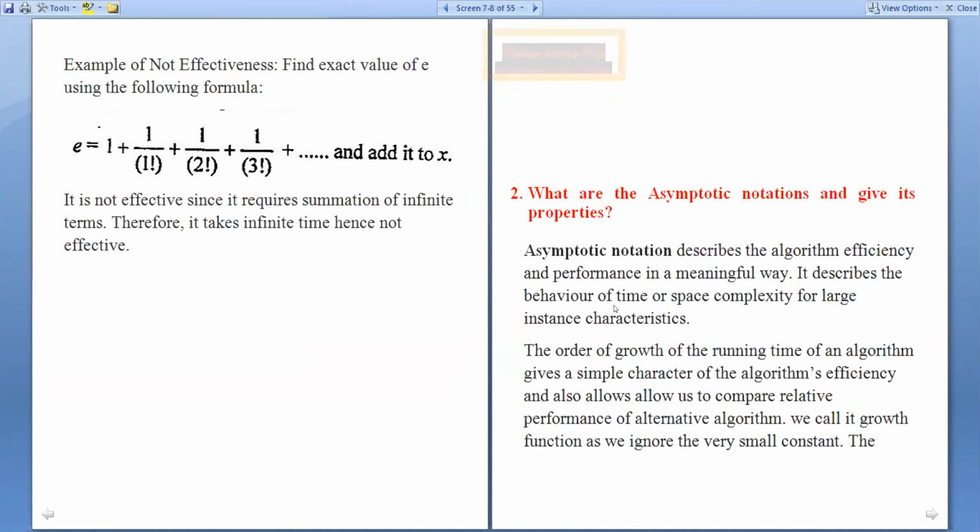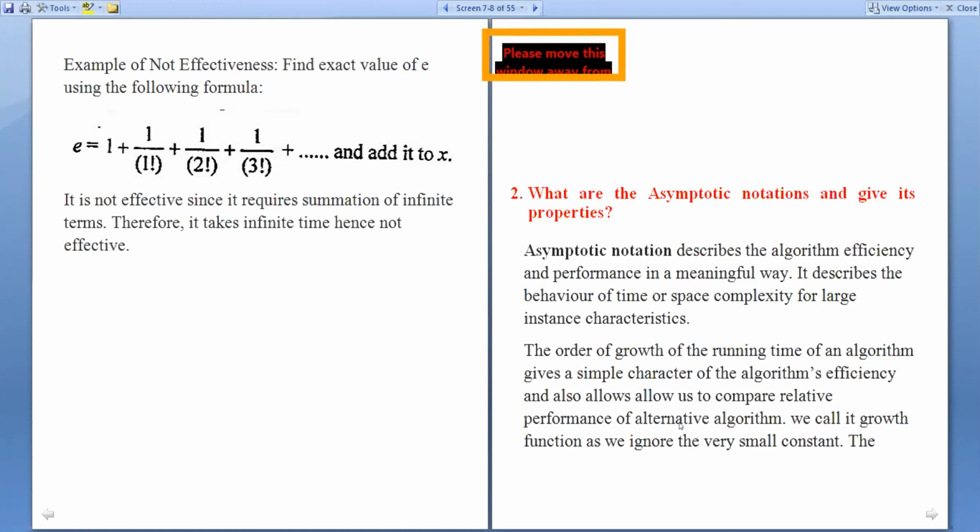So it describes the behavior of time or space complexity for large instance characteristics. The order of growth of the running time of an algorithm gives a simple characterization of the algorithm's efficiency and also allows us to compare the relative performance of alternative algorithms.